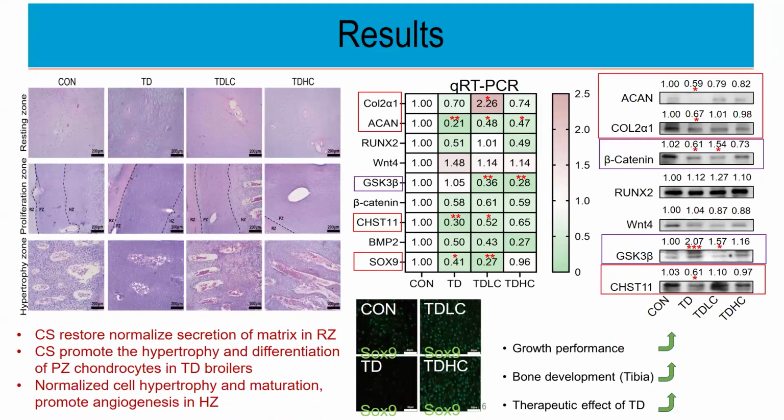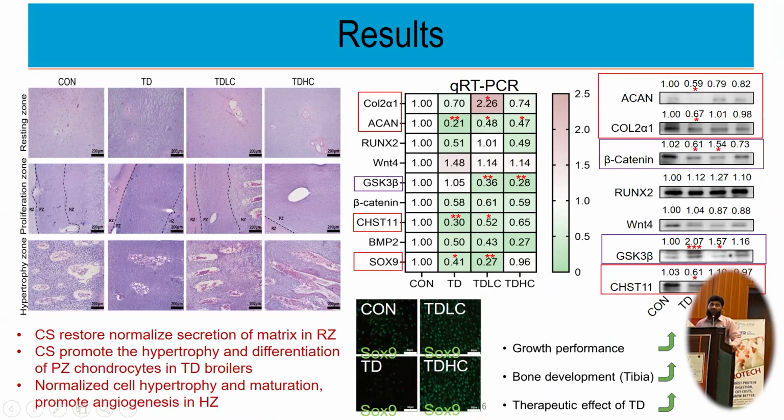This is again in vivo results of H and E. You can see here in the hypertrophic zone, there is proper vascularization in the normal group, while in the TD group, the vascularization was improper, the cells were random, and they cannot differentiate like normal in different zones.